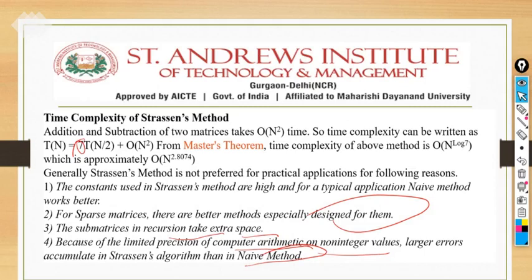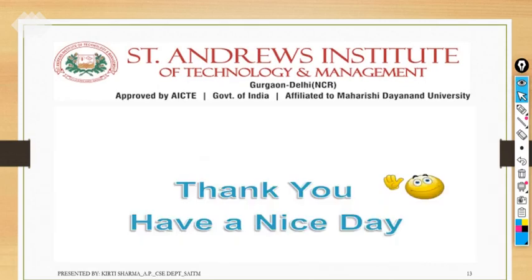So it improves the time complexity somewhat, by about 0.2 something. Okay, so this was all about the Strassen method.